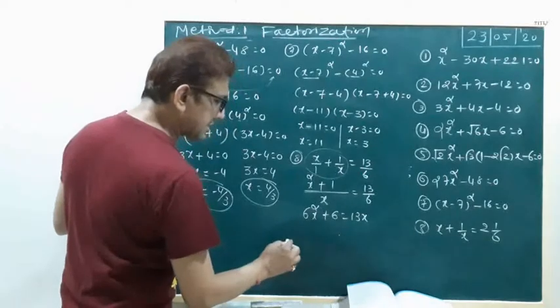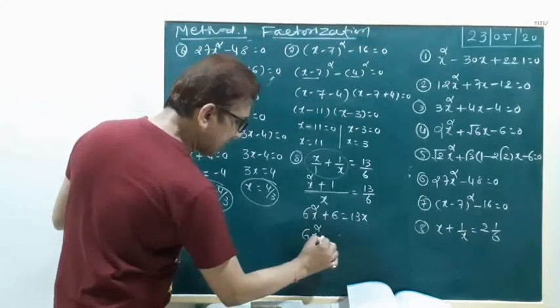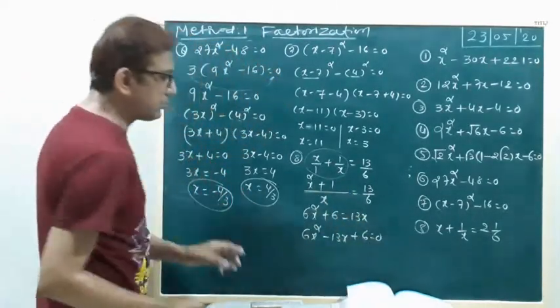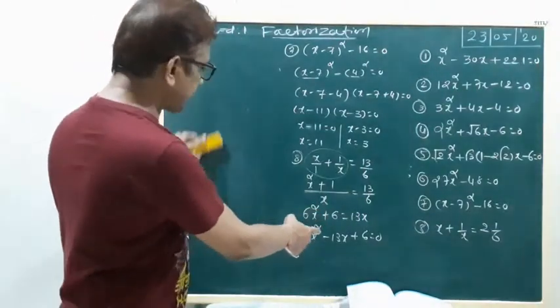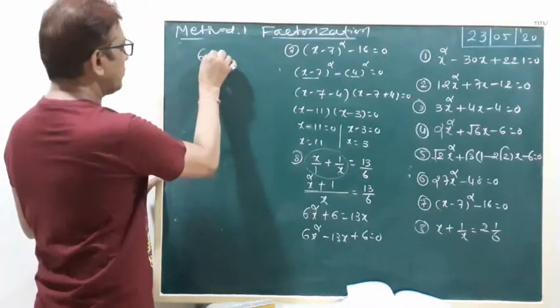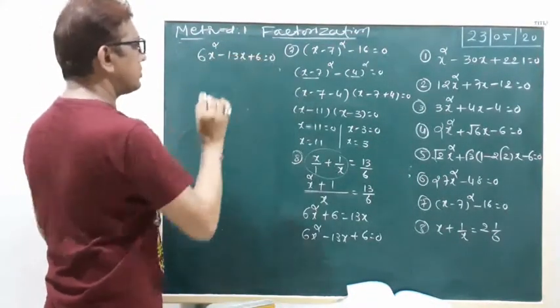Now 13x goes to the left side, so 6x square, 13x is negative, and plus 6 equal to 0. This is our equation: 6x square minus 13x plus 6 equal to 0.